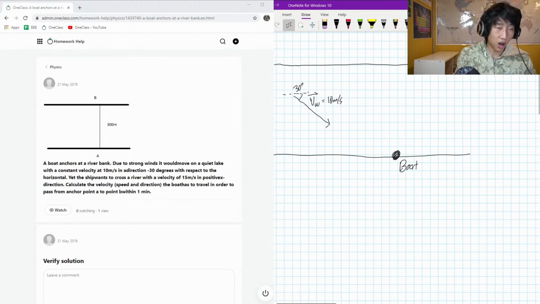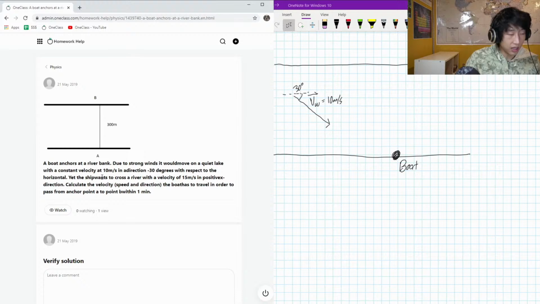Okay, so this is our wind speed, and another speed that we have is the river water speed, which is 15 meters per second in the positive x direction.